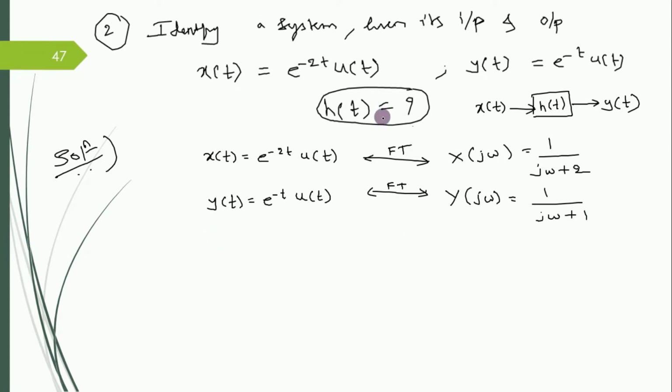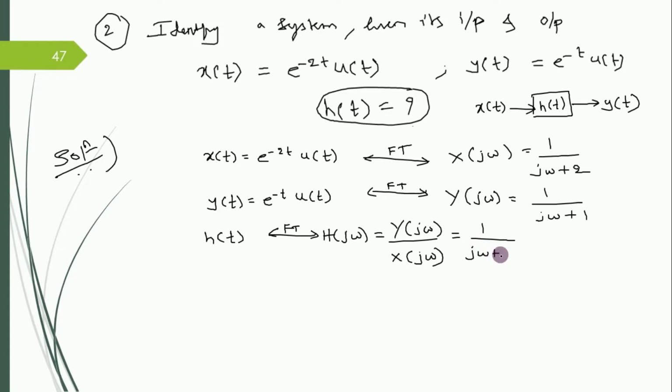So now h of t's FT pair is h of j omega, which is written as y of j omega divided by x of j omega. Right? This is how the system is written. So now I'll take y of j omega, 1 divided by j omega plus 1, into x of j omega, which is in the denominator, so I write it the other way.